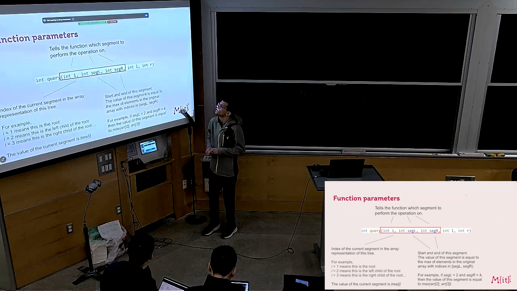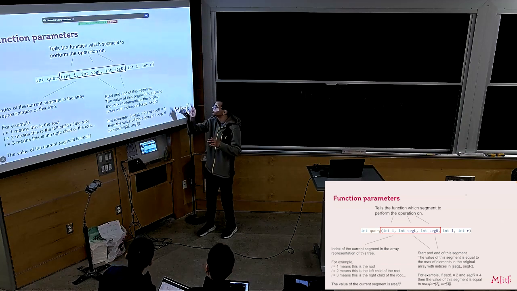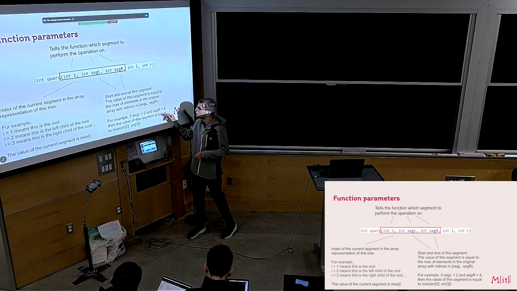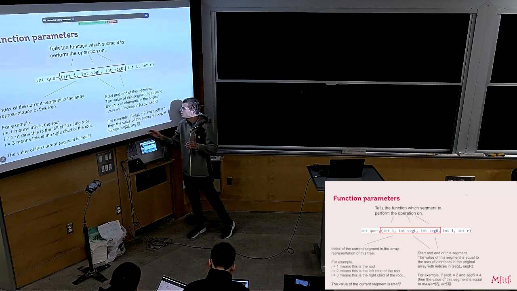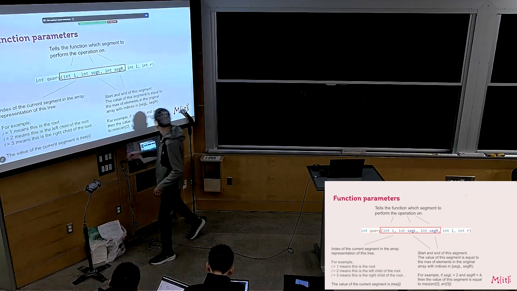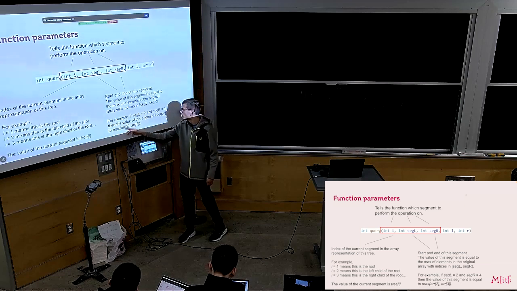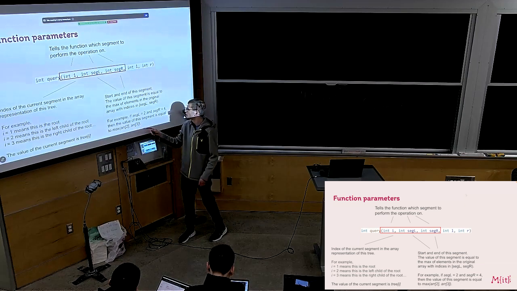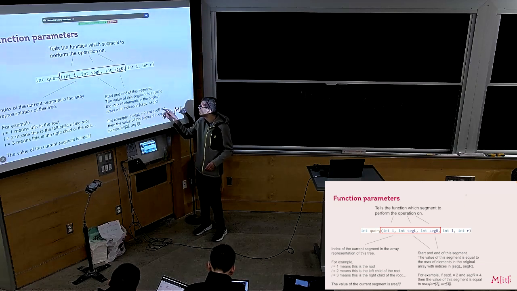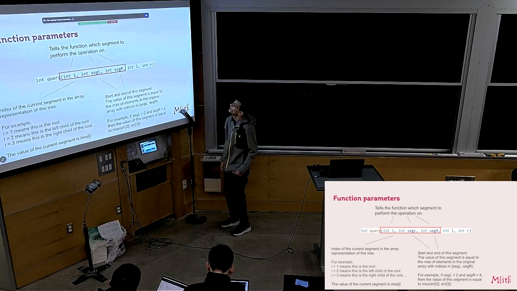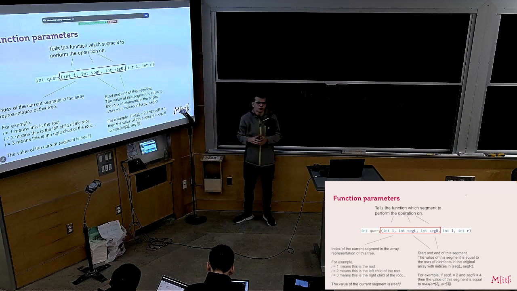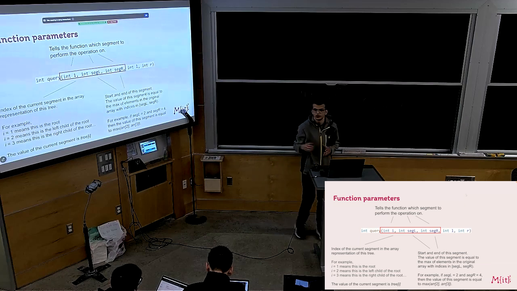So for example, if to my query function I pass the value seg L equals 2 and seg R equals 4, then what that represents is that the value of this segment, which is t of I, is equal to max of A of 2 and A of 3, because 2 and 3 are the only values in the half open range 2, 4. And then L and R are the actual query parameters of the range I'm interested in.